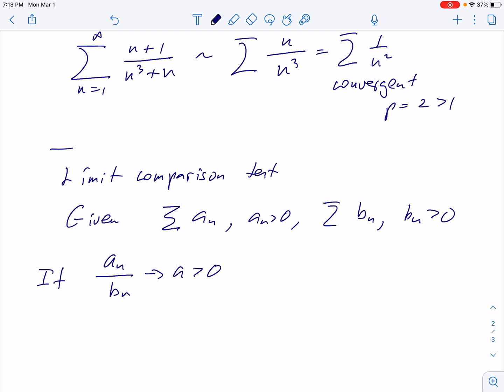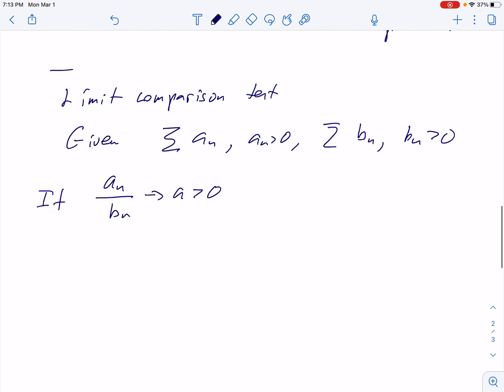So if the first series is convergent, the second is convergent. If the first series is divergent, the second is divergent, or the other way around. You can swap the positions of the two series, nothing will change, because if this ratio approaches a positive number, its reciprocal also approaches a positive number.